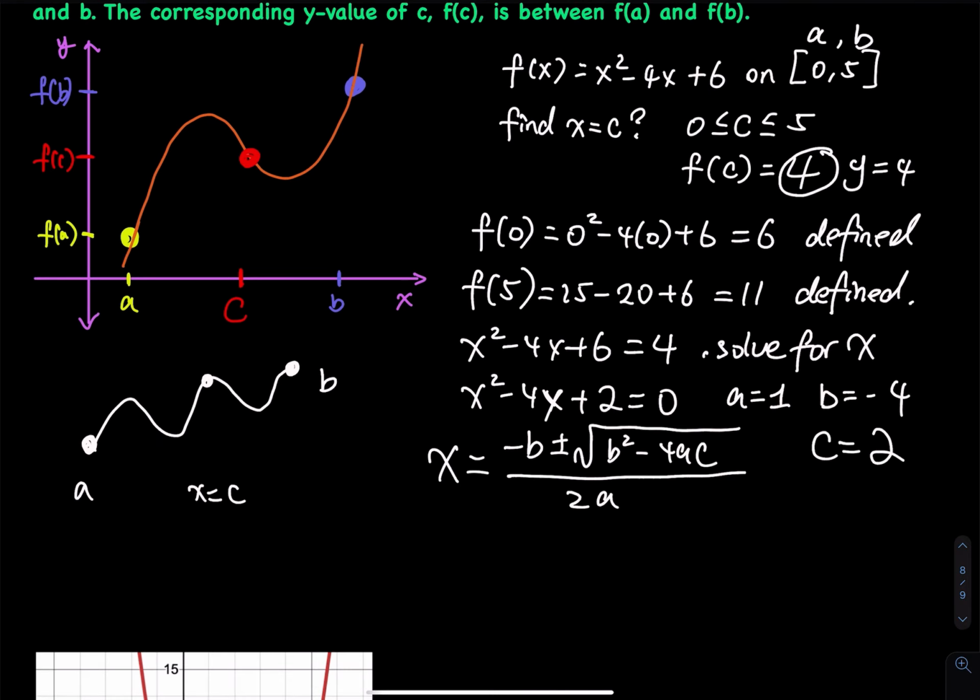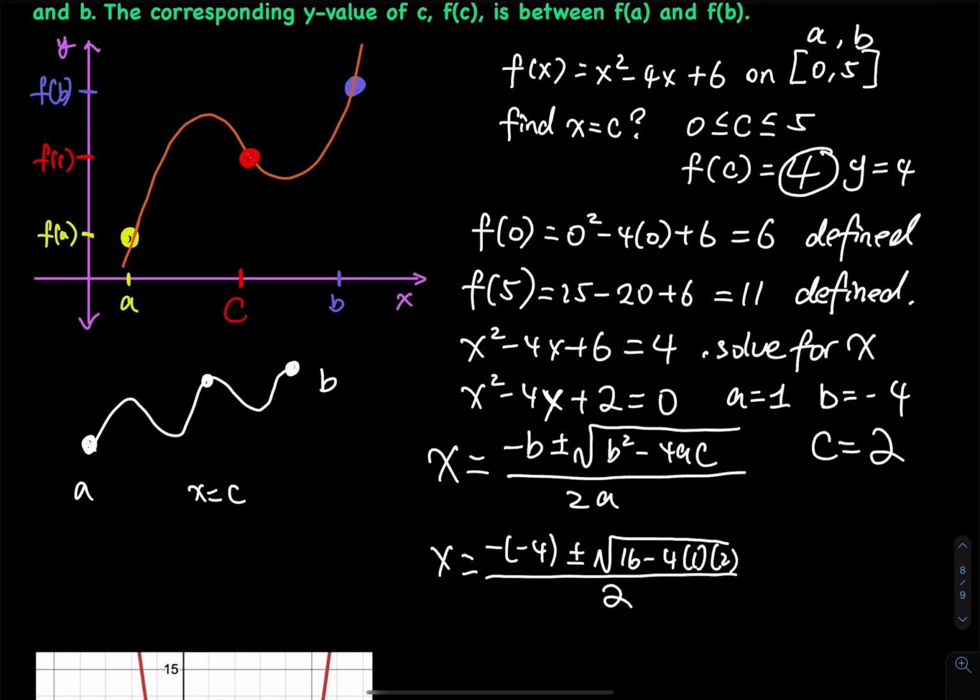And then you plug it in, so you have x equals negative negative 4, plus or minus the square root of 16 minus 4 times 1 times 2, and then divided by 2a, which is just a 2, right? So at the end of the day, you have 4 plus or minus the square root of 8, divided by 2. That gives you 2 x values, 1 for the minus, 1 for the plus.